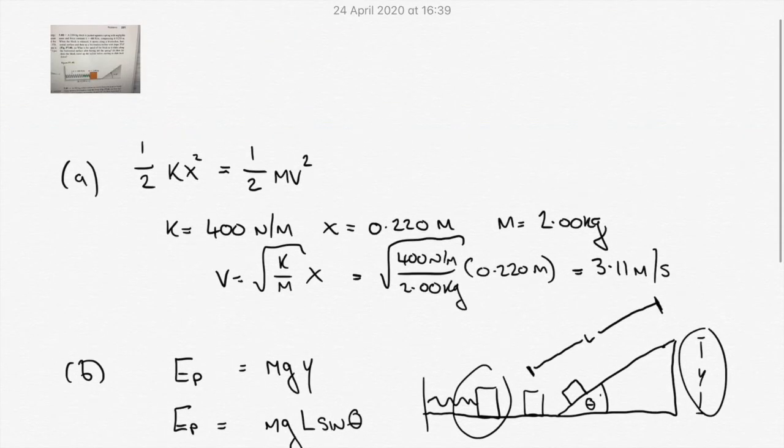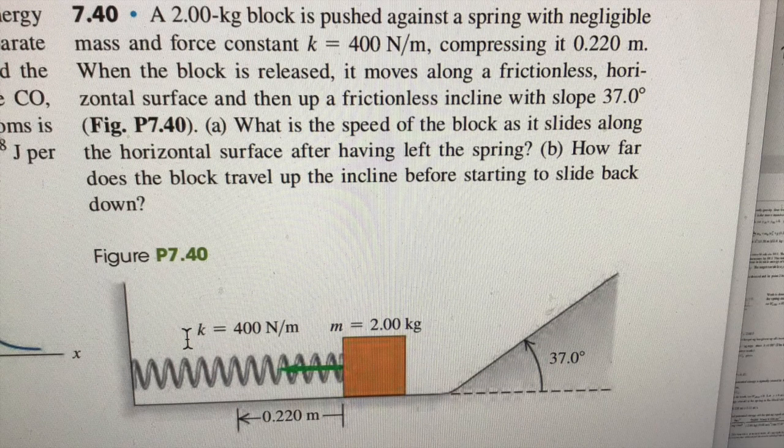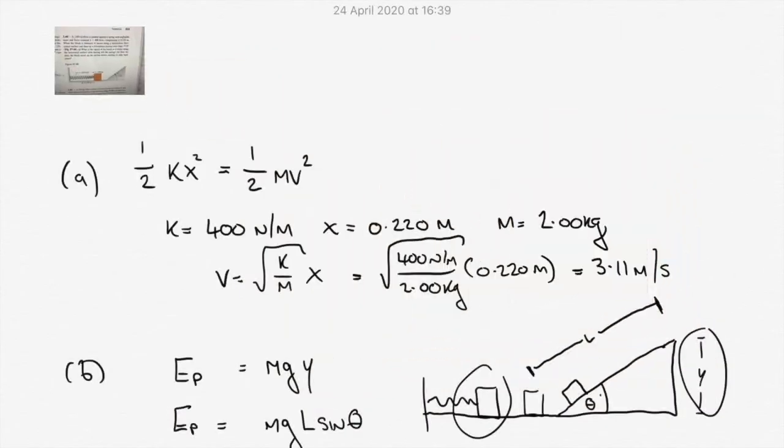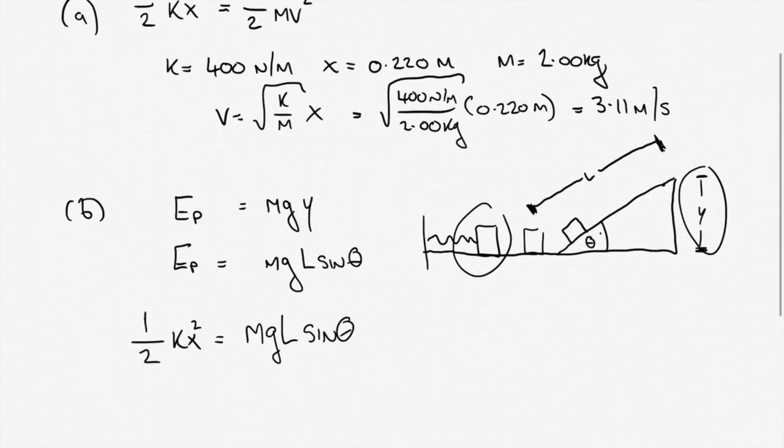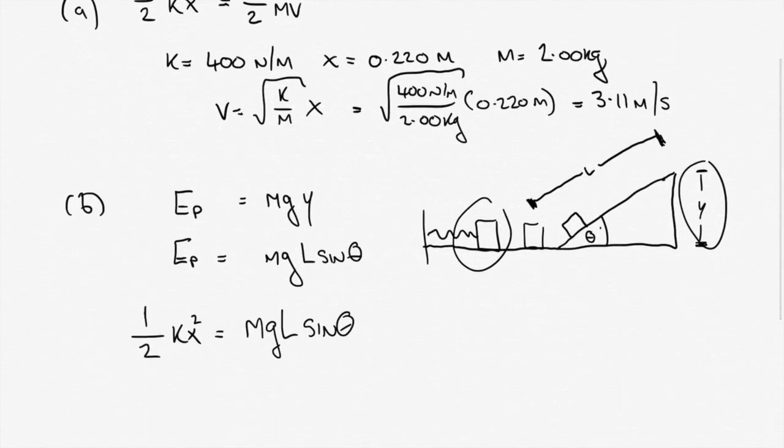So if we solve for L now, which is actually what we're looking for in the problem, I believe, let's go back and just double check exactly what we're asked for. We're asked, how far does the block travel up the incline before starting to slide back again? So it's asking us for what we've denoted as L here. We know that when it reaches its maximum point, it's going to have a certain height, y, and we can relate that height y to L by the little bit of trigonometry that we did a minute ago.